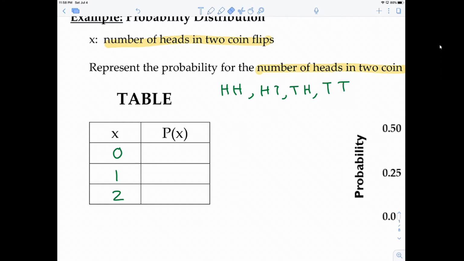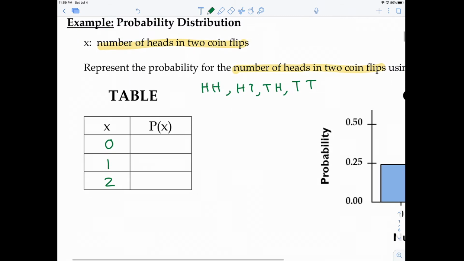All right, and then this column is our probability for each X. For example, for the probability of no heads, we ask ourselves: how many possible ways can we get no heads over the total number of outcomes? That would give us the probability of no heads.